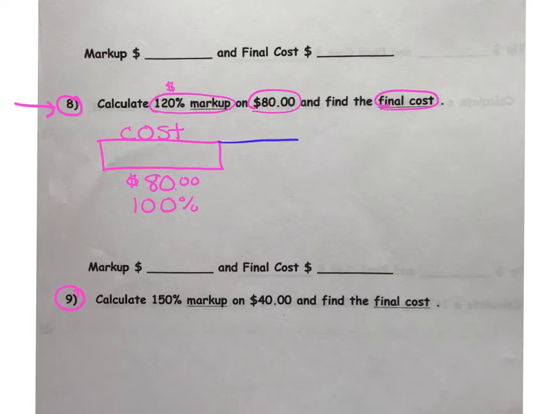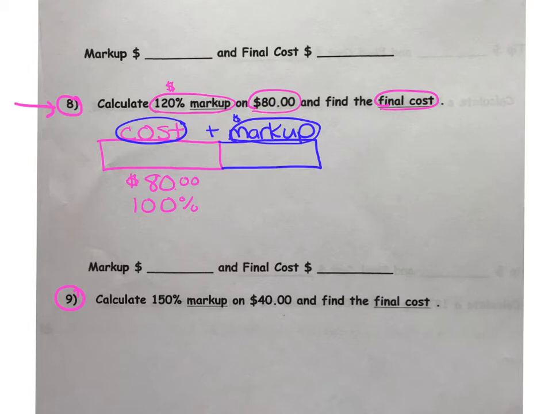So we are going to add a markup. The cost of the item plus the markup, the amount of dollars we're going to add on, equals our final cost, or our retail price.